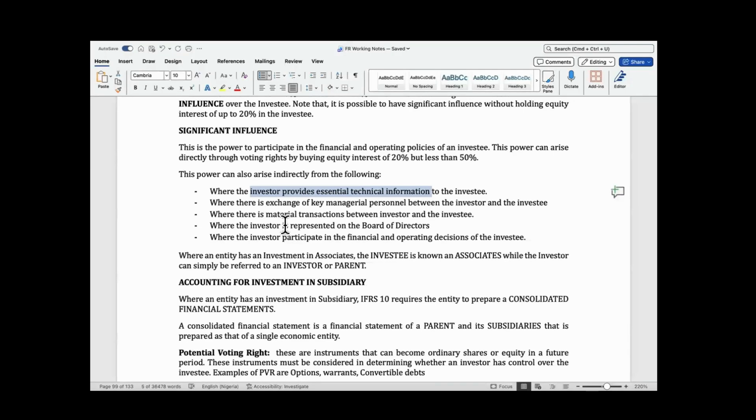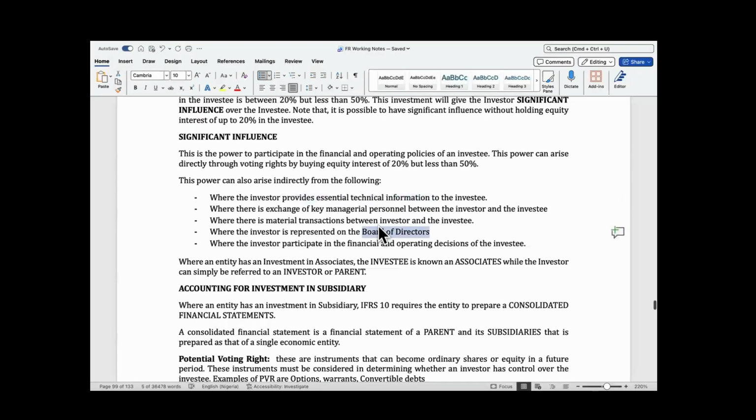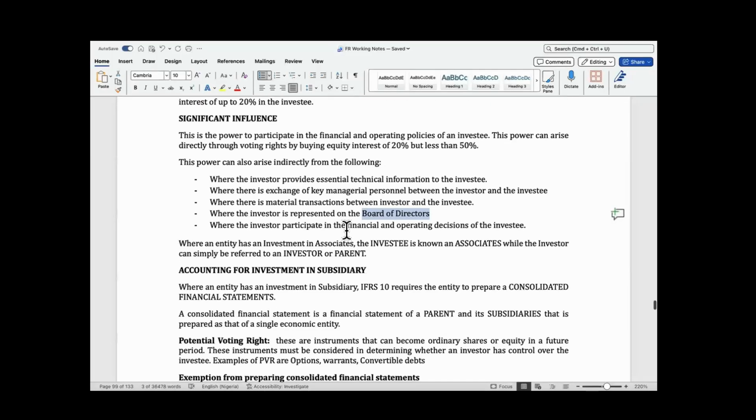Also, where the investor is represented on the board of directors, it signifies significant influence. Also, when the investor participates in the financial and operating decisions of the investee, this also signifies significant influence.